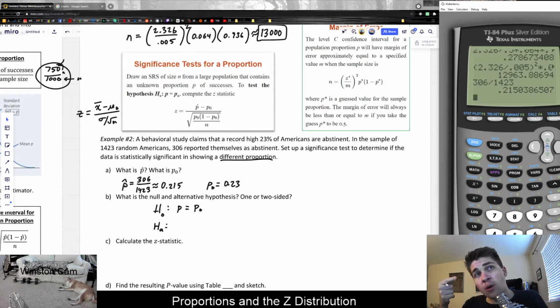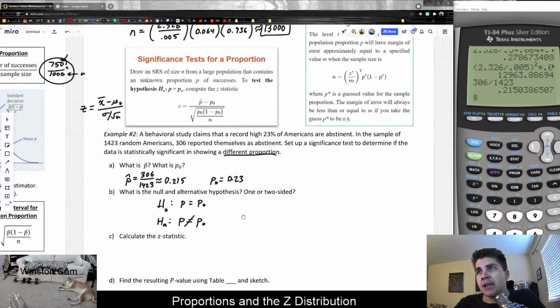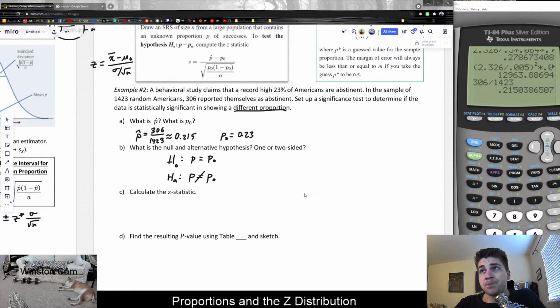Pay attention to the question because it could say, determine if the data is statistically significant that it is lower than the stated goal. But here, since it just says different, the alternative hypothesis would be that the actual population proportion is different from the null, just because of how it's worded. And from there, that will affect our outcome in our probability for our p-value.